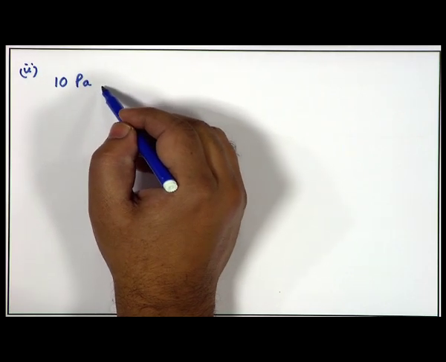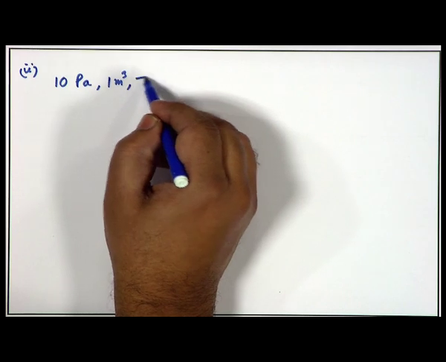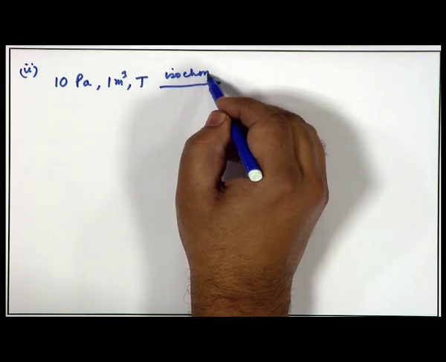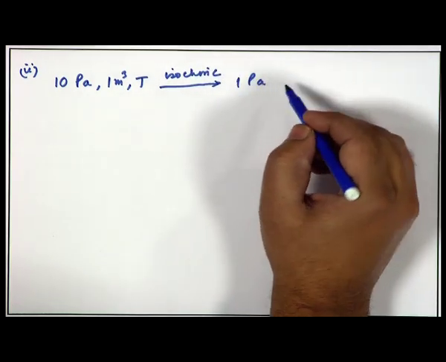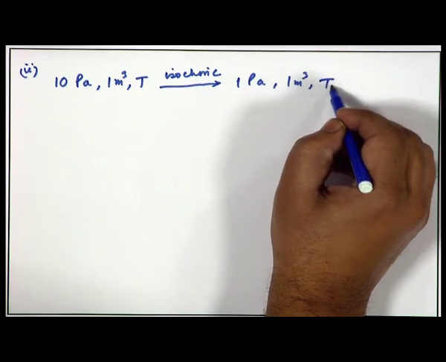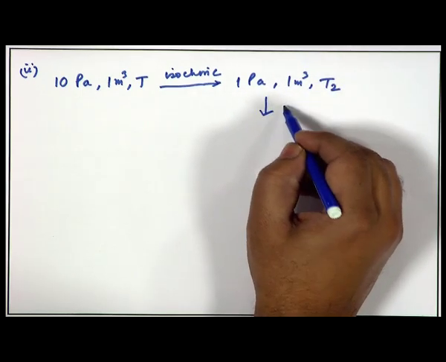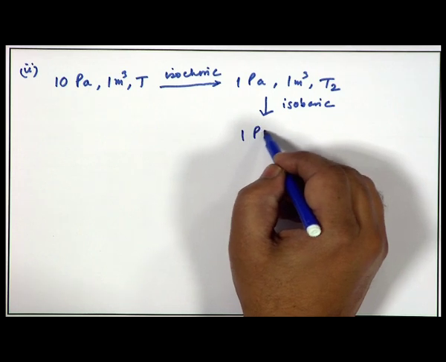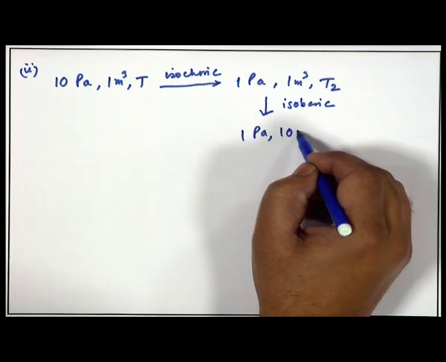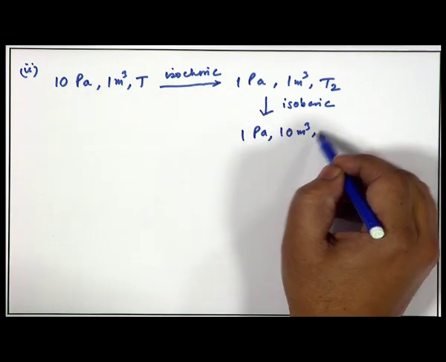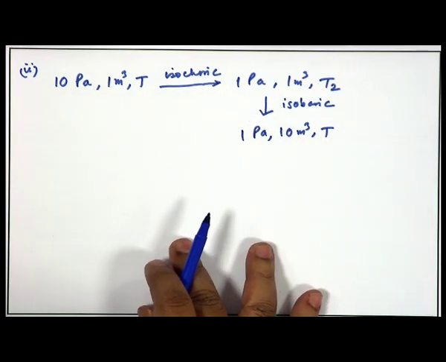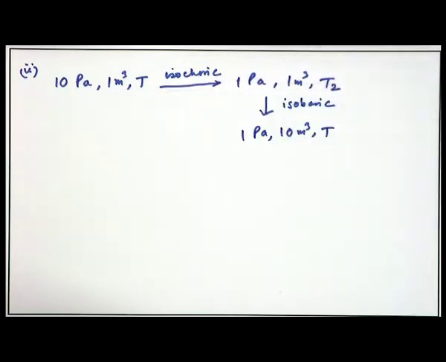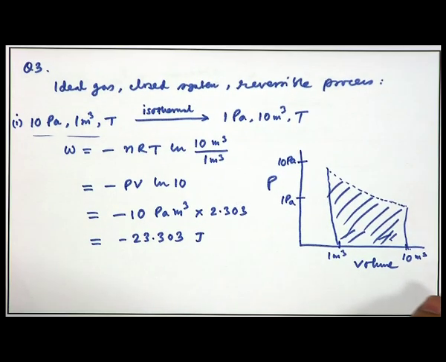Like I will take 10 Pascal, 1 meter cube, T, and then first do an isochoric, constant volume process, take it to some other temperature and then do an isobaric, constant pressure process, to get to the final state. The initial state and final state are the same as in the last example, but earlier I did it in a reversible isothermal way.